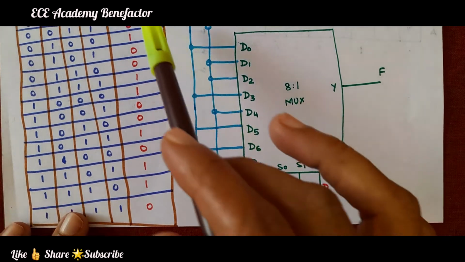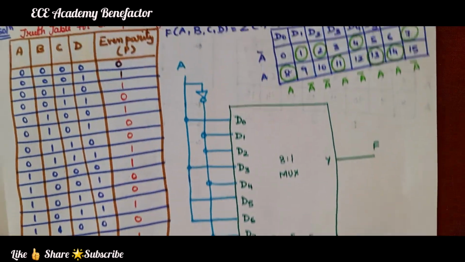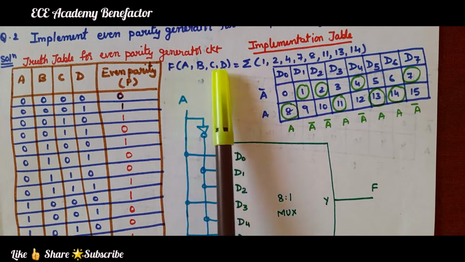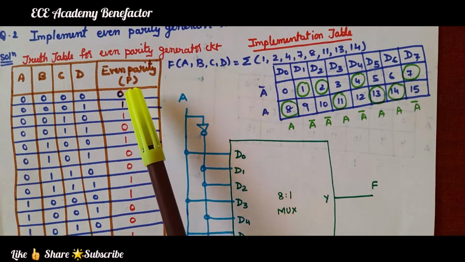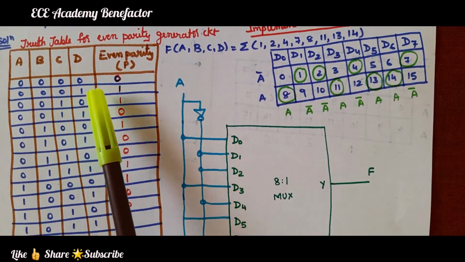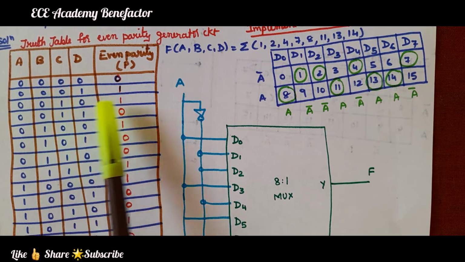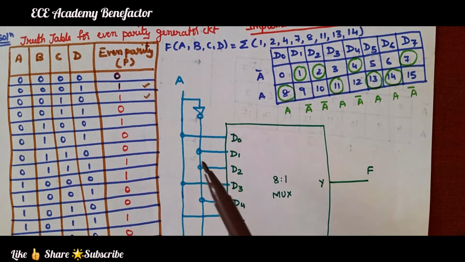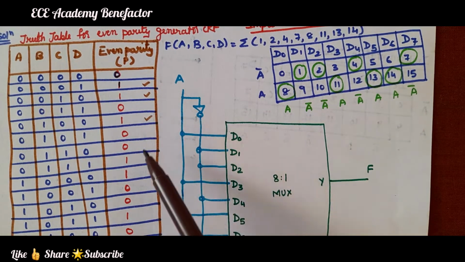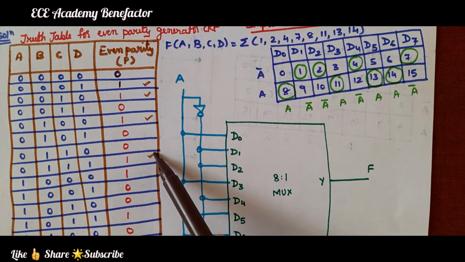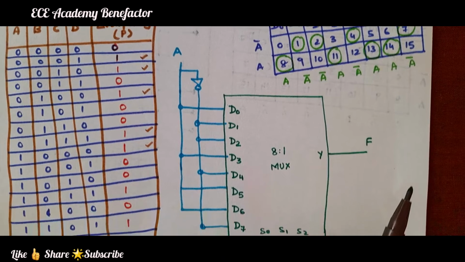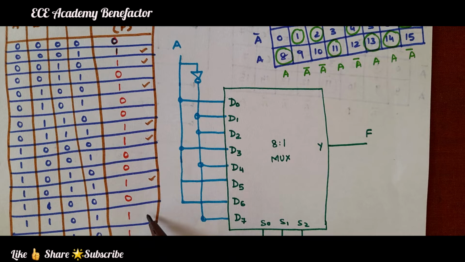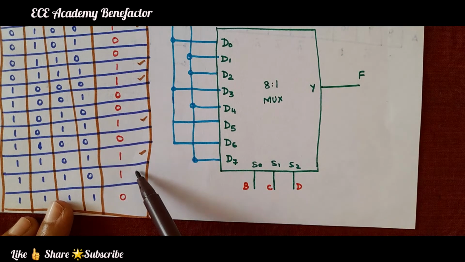So now looking at this parity column, we need to write the function of variables A, B, C, D. What is the list of minterms having 1? Here it is 1, for 2 it is 1, so 1, 2, 4, 7, 8, 11, 13 and 14.